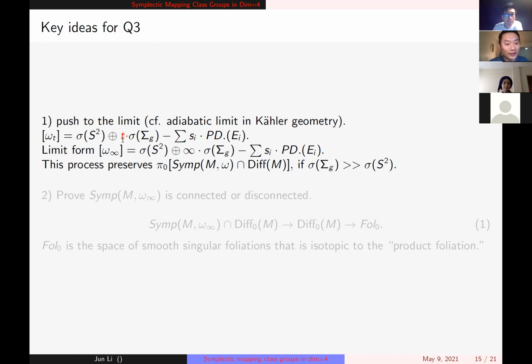Our family actually stretches the base, the Sigma_g factor. We start with omega 1, a split symplectic form of the blow down, and then we correct the form by blow ups.